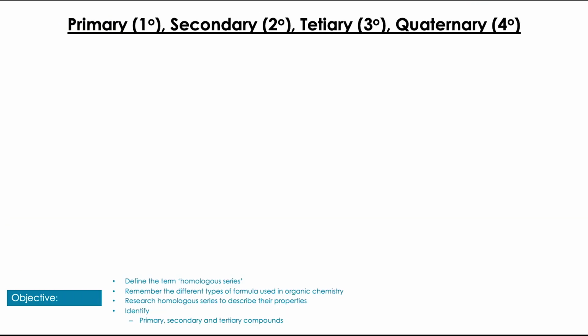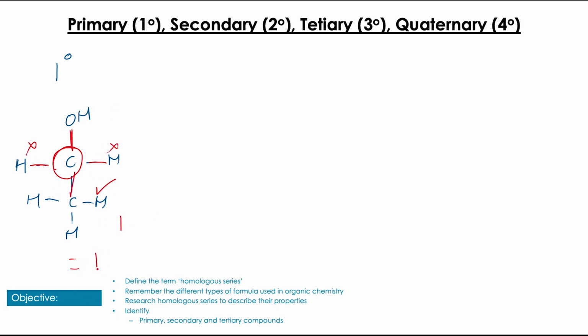So let's go over the terms primary, secondary, tertiary, and quaternary. This effectively refers to the number of carbons that the functional group is attached to. How many carbons is that attached to? So this carbon here, where the functional group, alcohol in this case, is attached to one other carbon, and so we call it primary.